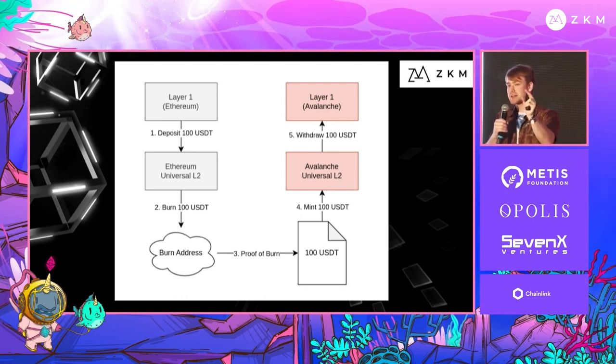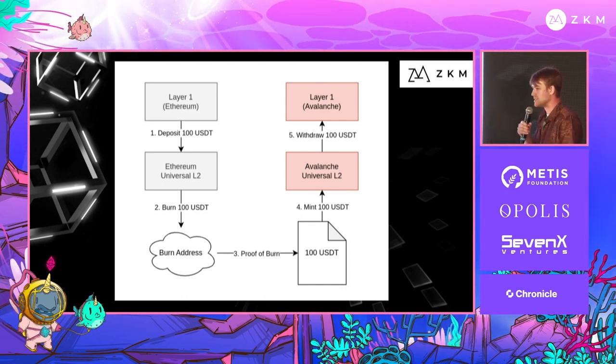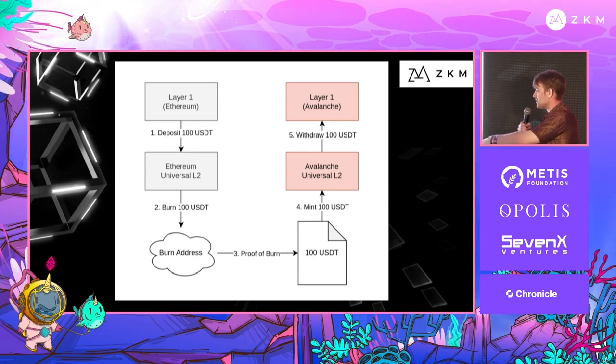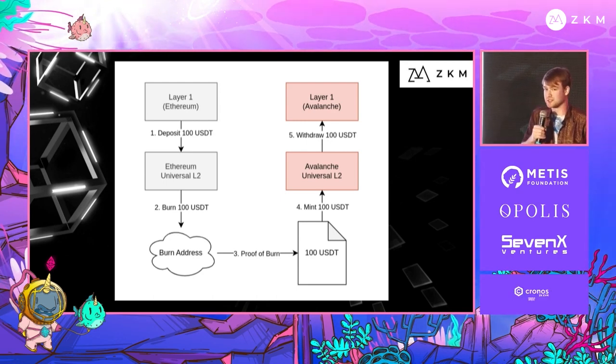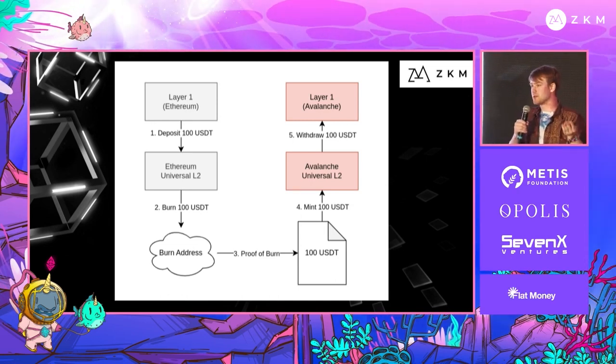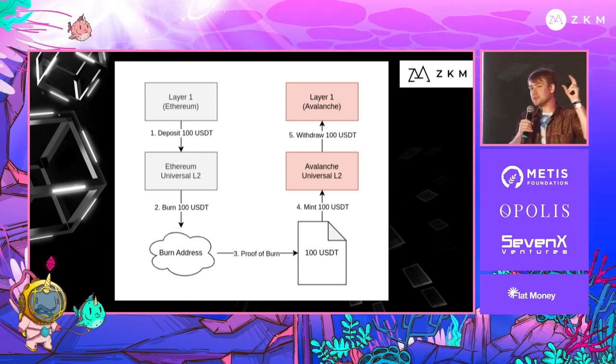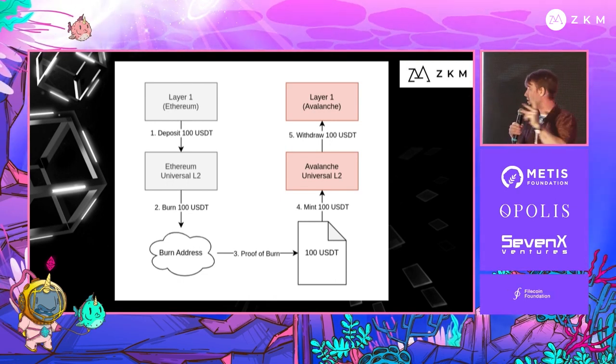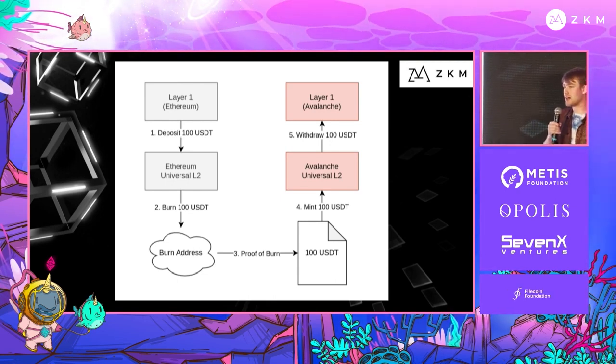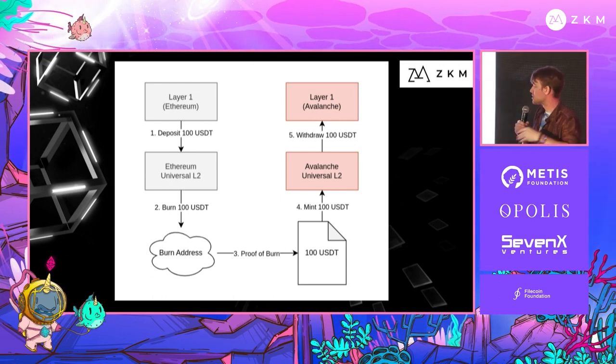I would burn that exact amount of USDT. I would then burn it to a public burn address, and potentially it can be private, and I'll go into that a little bit more. But we burn it to a publicly known burn address. We then generate a proof based on that burn. We're not generating it off of the L2 data, we're generating it off of the L1 data.